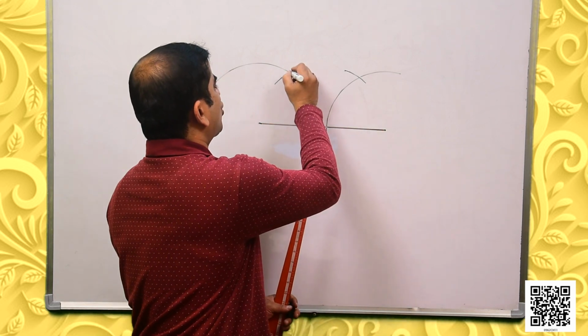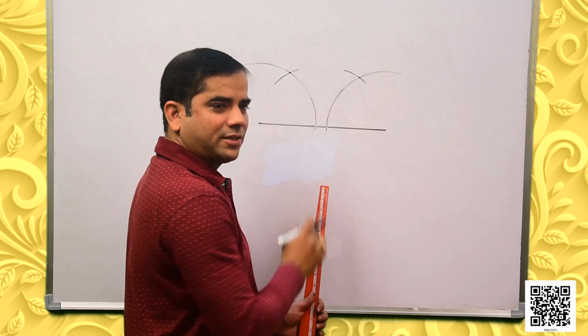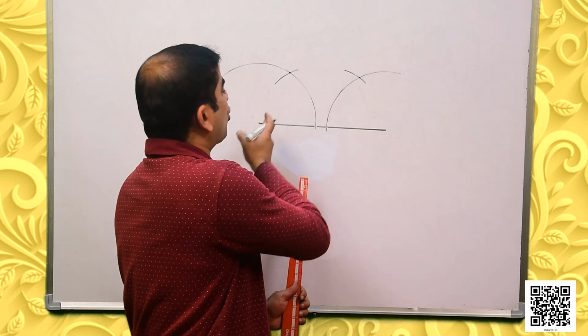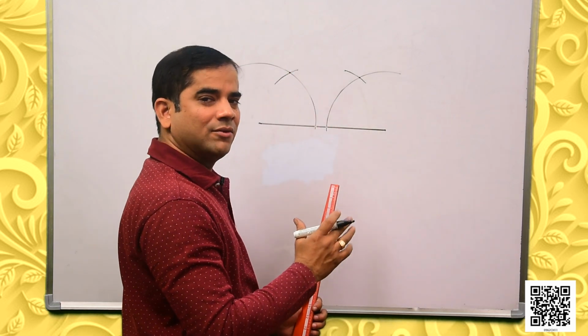Now, let us draw the 60 degree angles from both the points. Let us join the angles and let us see what is going to happen. Okay.